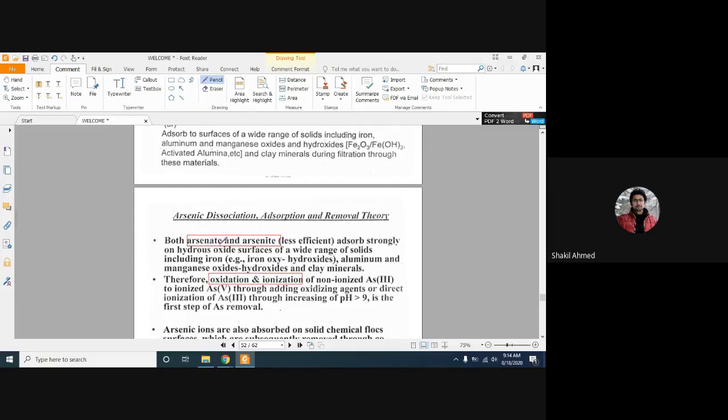Both arsenate and arsenite adsorb strongly on hydrous oxide surfaces of a wide range of solids including iron, aluminium, and manganese oxides. Therefore, oxidation of non-ionized arsenic to ionized arsenic by adding oxidizing agents, or direct ionization of arsenic 3 by increasing pH to 9, is the first step of ionic removal.